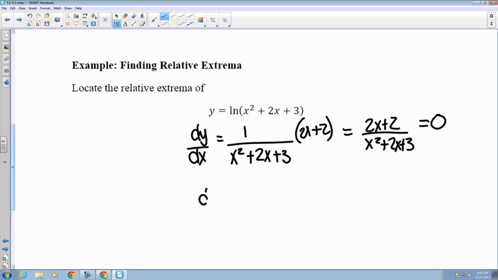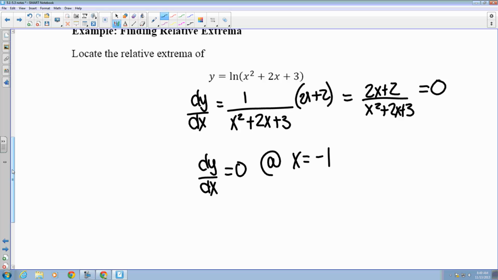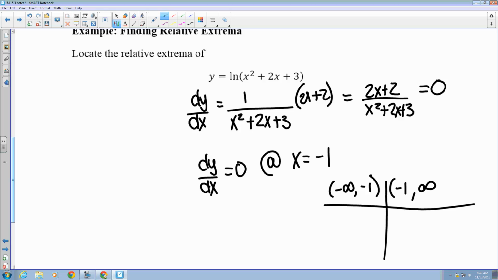And so dy dx is equal to 0 when x is negative 1. So we need to figure out if that's a min or a max. We're going to test from negative infinity to negative 1 and negative 1 to infinity, testing values in the first derivative.